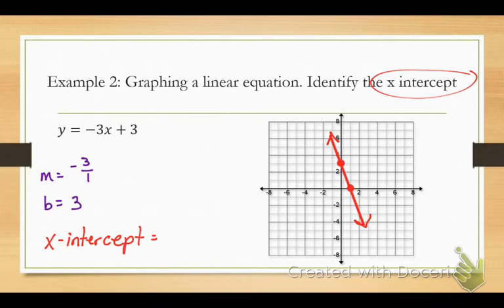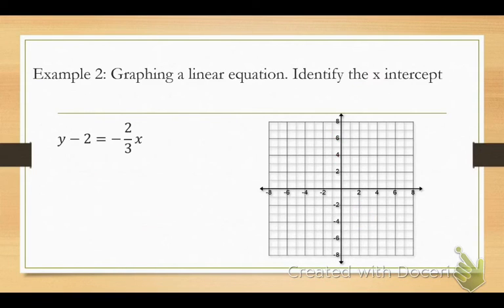An x value of 1. Does everybody see that the line passed the x-axis at a value of 1? So your x-intercept is 1, where it passed the x-axis.